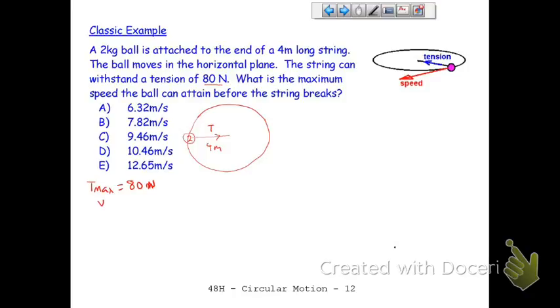So v max is what I want. And I know that my r is equal to 4 meters. I know my m is equal to 2 kilograms. So my velocity is like this, v. This is a decent diagram for looking down from above, but I really want to look from the side, so I have this. So this is 2, and this is my tension, and there's my a_c.